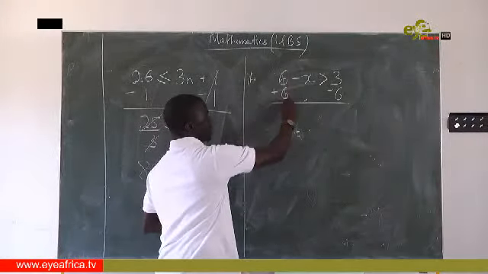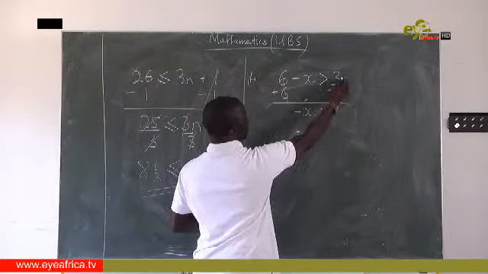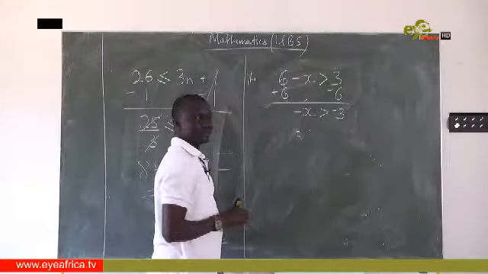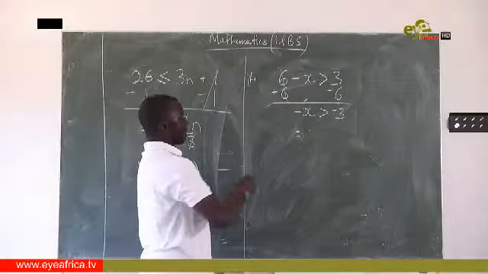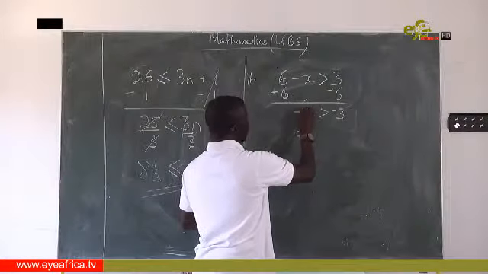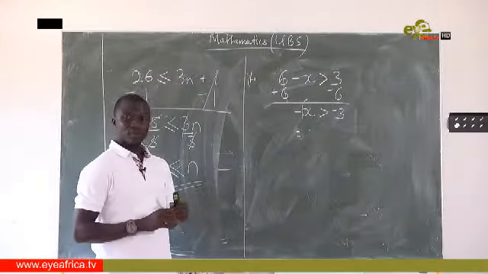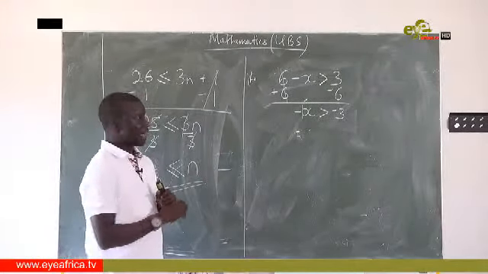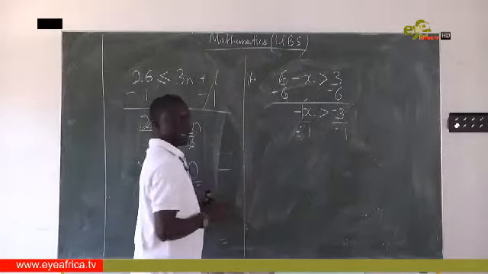So 6 minus 6 is 0, obviously. So here we have negative x is greater than 3 minus 6, which is negative 3. Remember, negative x means negative 1x. The one is never visible, but it is there. So in trying to undo the negative sign here, we must divide both sides by negative 1.